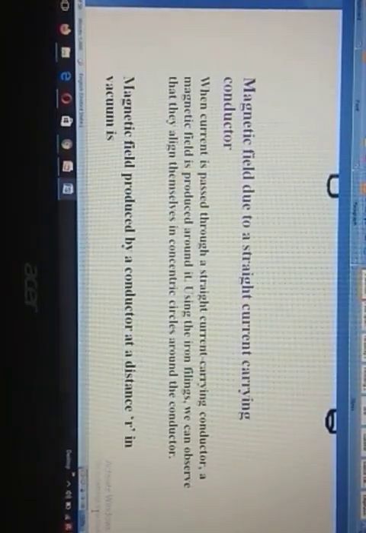So we can say that when the current is passed through the straight current carrying conductor, a magnetic field is produced around it. Using iron filings, we can observe that they align themselves in concentric circles around the conductor or the wire.